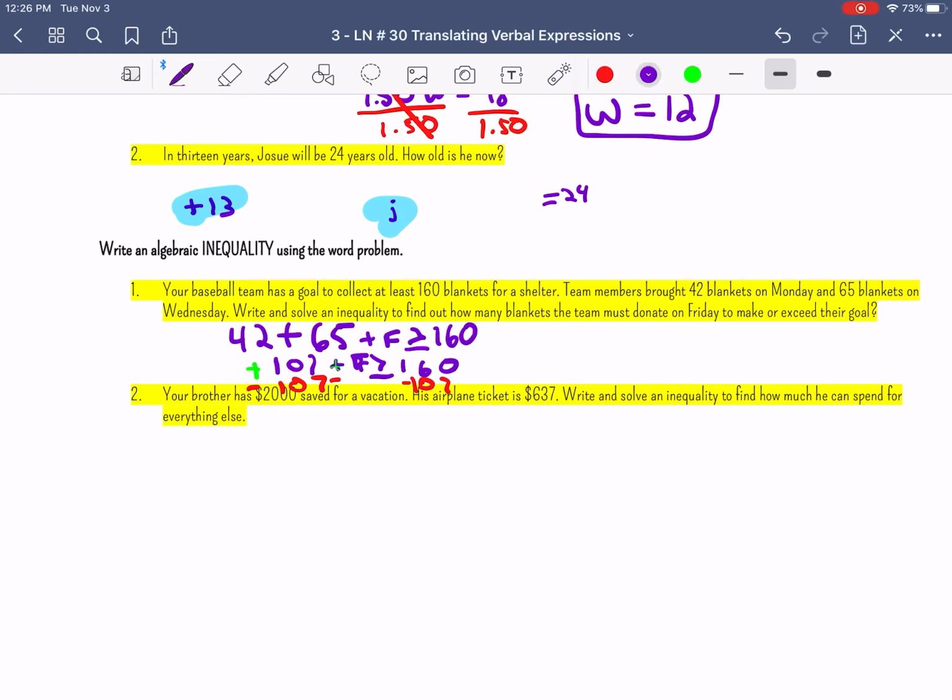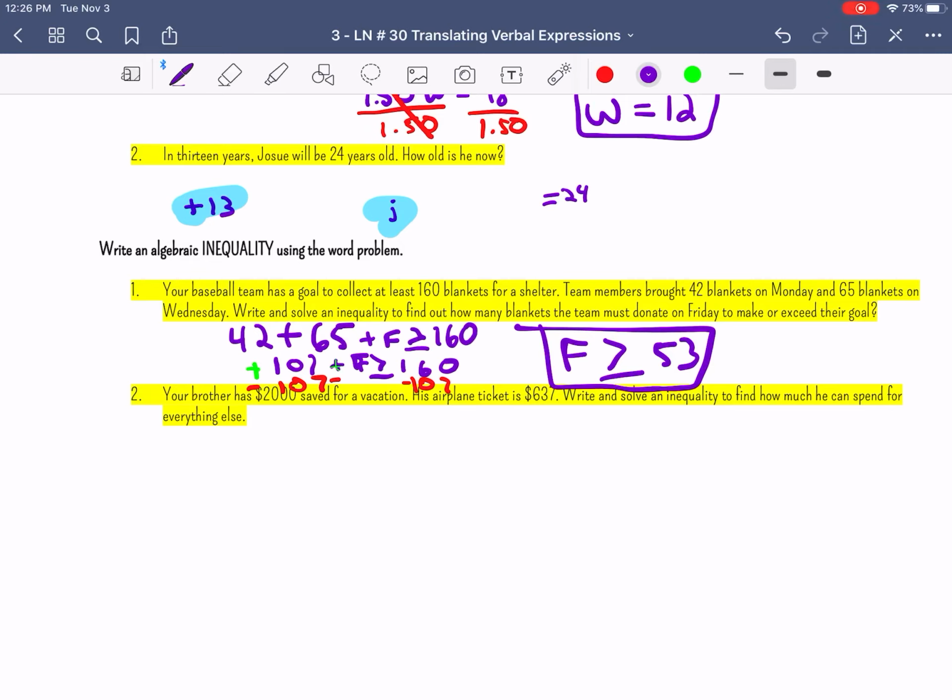And we're going to get that F is greater than or equal to 53. So on Friday, they have to get at least 53. They need to get 53 or more blankets.